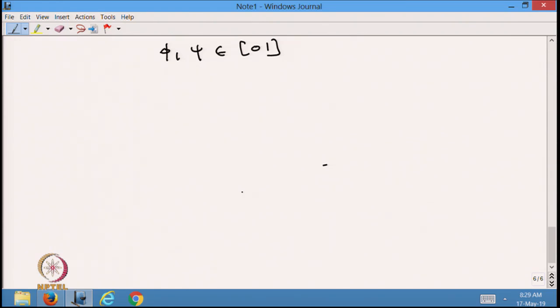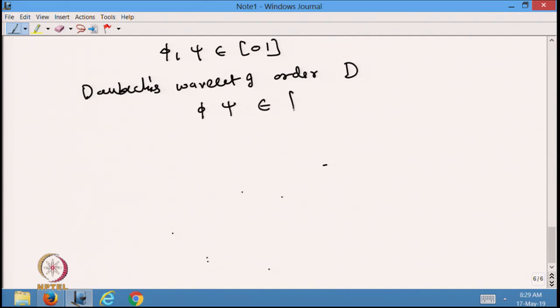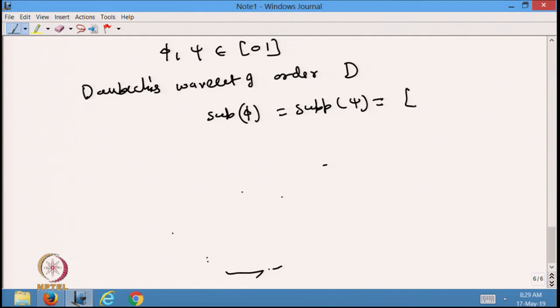Basically, if I want to generalize this idea, I could say that for a Daubechies wavelet of order D, the support of phi is equal to the support of psi is equal to 0 to D minus 1.